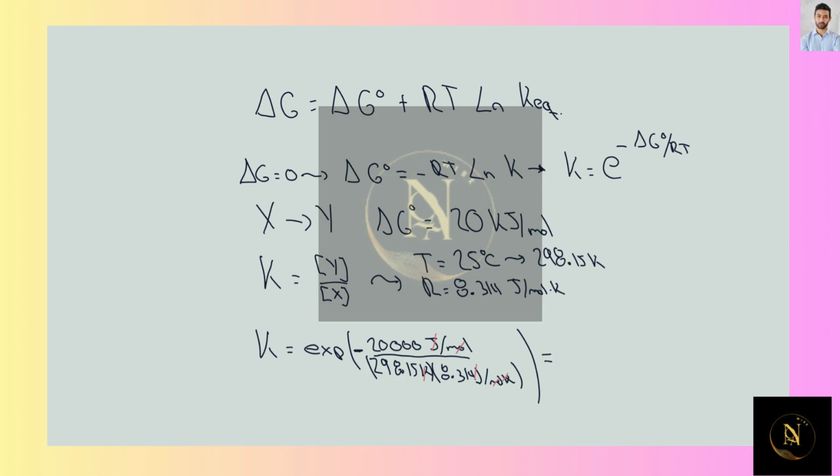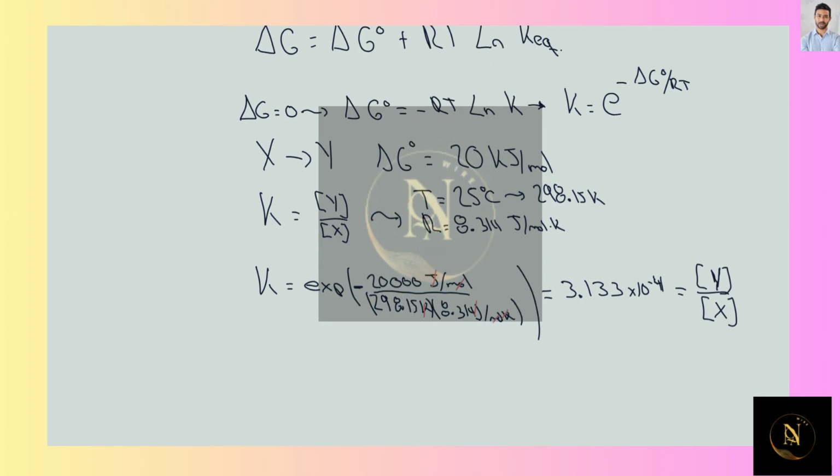So now the value for K is equal to 3.133 times 10 to the minus 4. And again, this is equal to the ratio of Y divided by X. This means that we're going to have almost 10,000 times more of X, the reactants, than of the products.